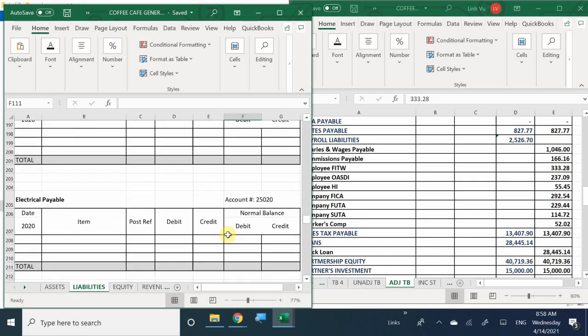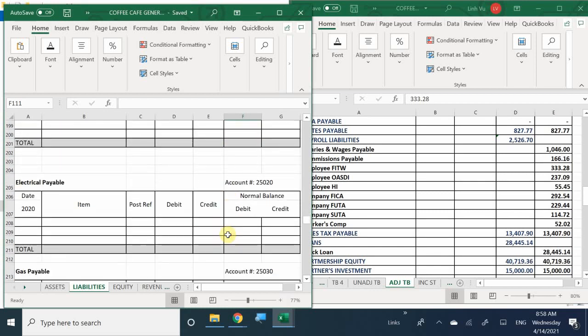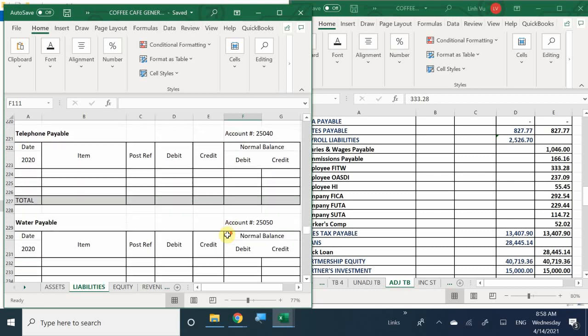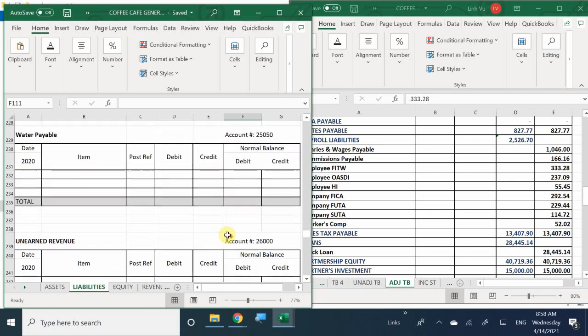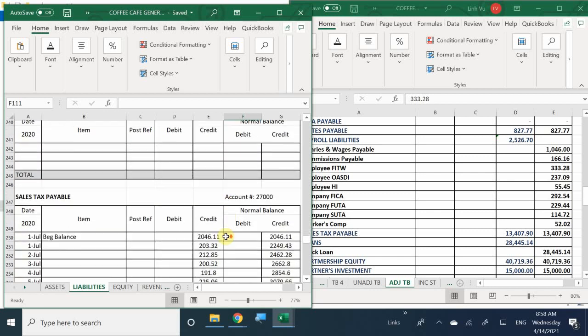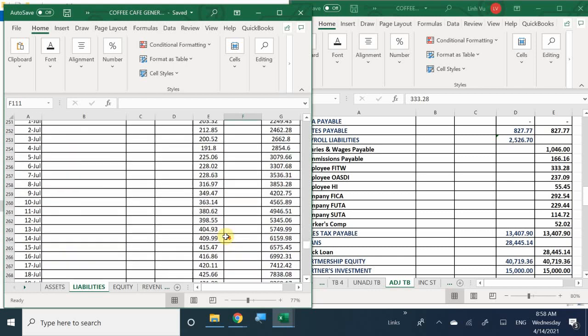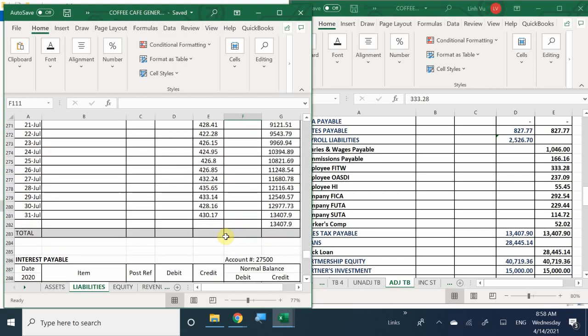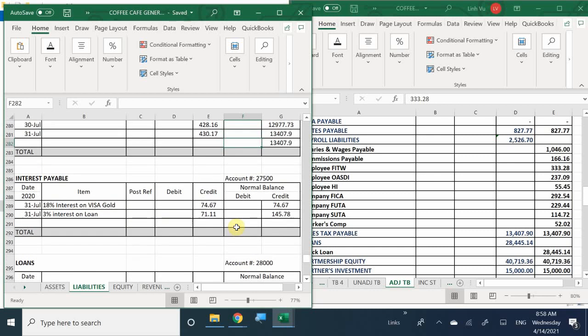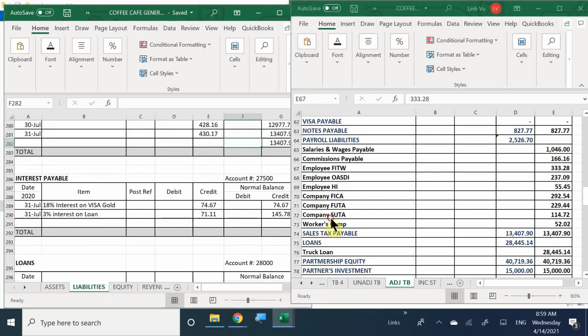We didn't have any of those. Electrical payable, water payable, no unearned revenue, and here we are, sales tax. Right? Did my sales tax change? No, right? We already reached the end of our sales on the last day, so that should stay the same.